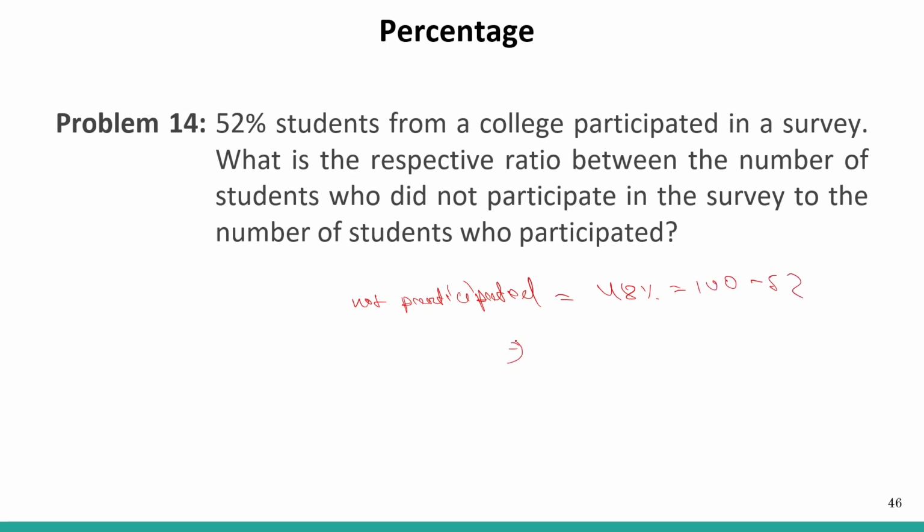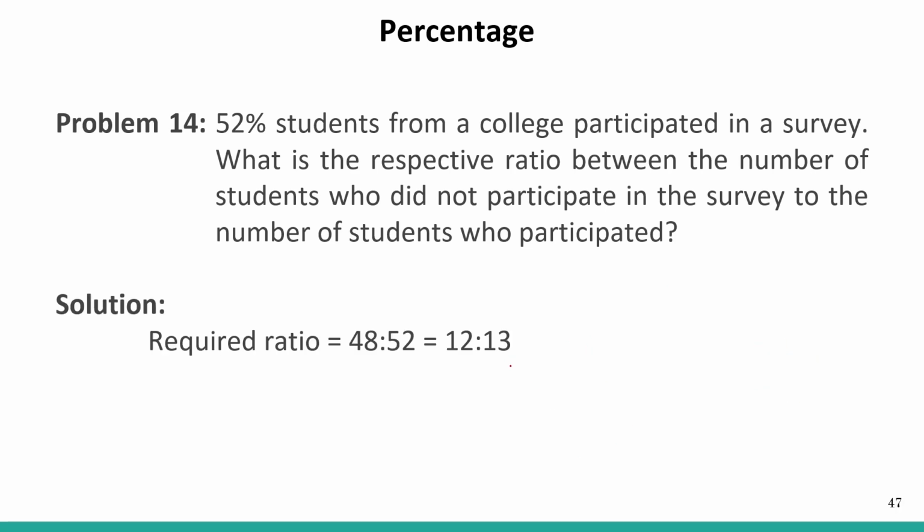So the ratio of not participated to participated is 48 to 52. 48 by 52, if we divide by 4, is 12 by 13. So 12 by 13 is the ratio. So 12 by 13 will be the correct answer.